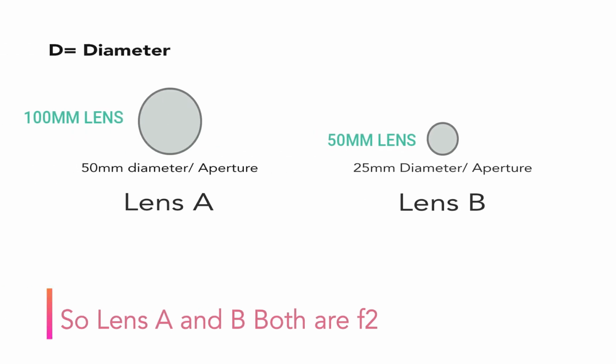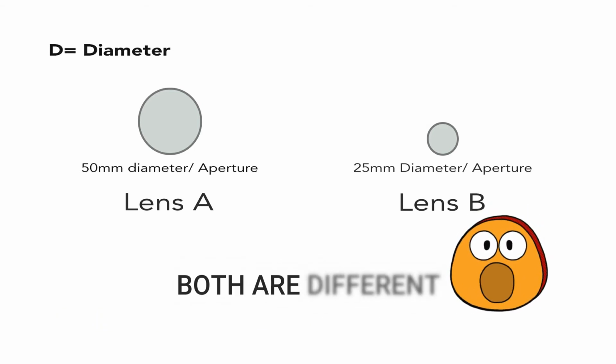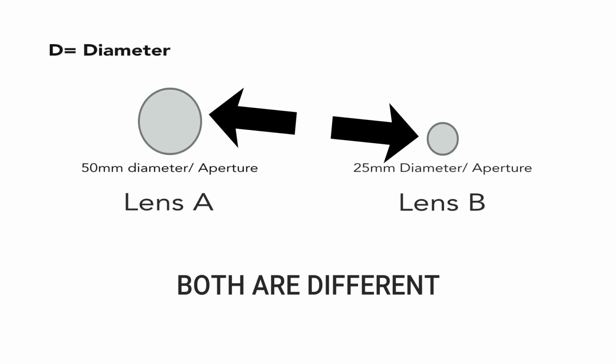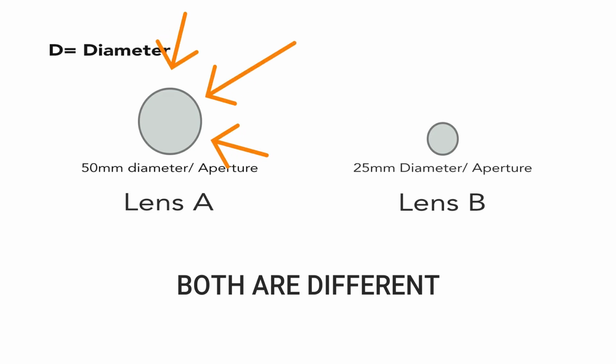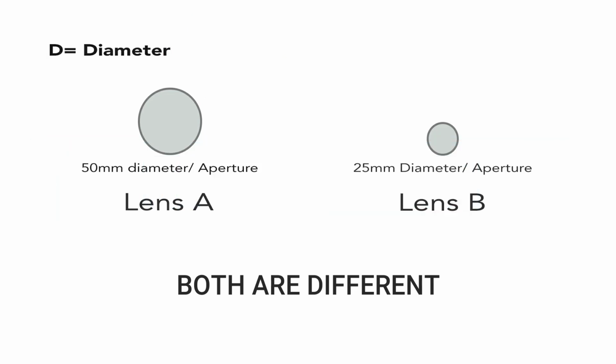Thereby, both the aperture ratios seem similar, but in reality, they are way different from each other, because here you can see the size difference of both the lens diameters. Lens A would allow almost double the amount of light than lens B. So even after having the same f-ratio, both the lenses would provide a significant difference in practical photography.